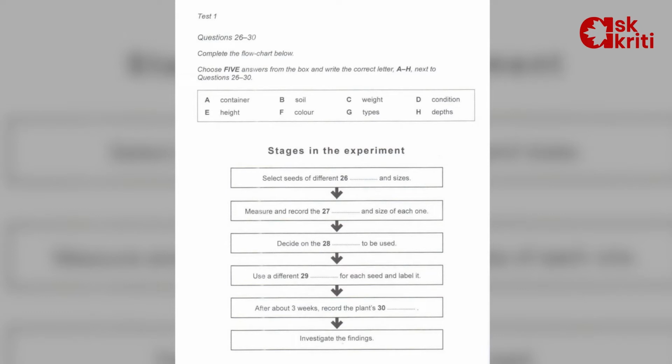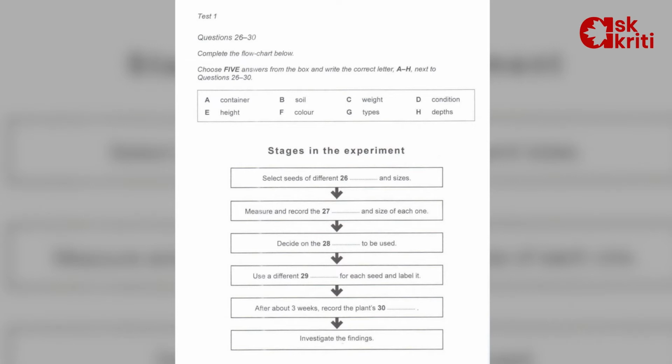Anyway, shall we have a look at the procedure for our experiment? We'll need to get going with it quite soon. Right. So the first thing we have to do is find our seeds. I think vegetable seeds would be best, and obviously they mustn't all be the same size. So how many sorts do we need? About 4 different ones? I think that would be enough.